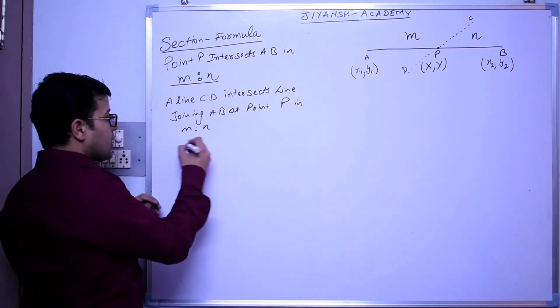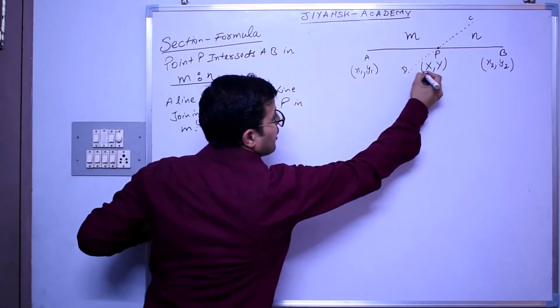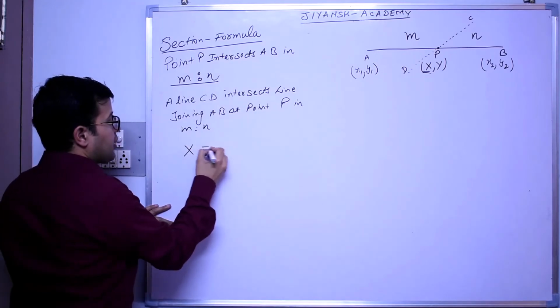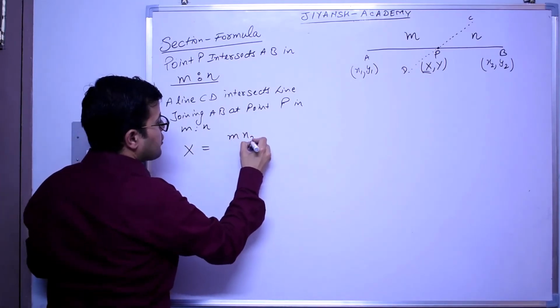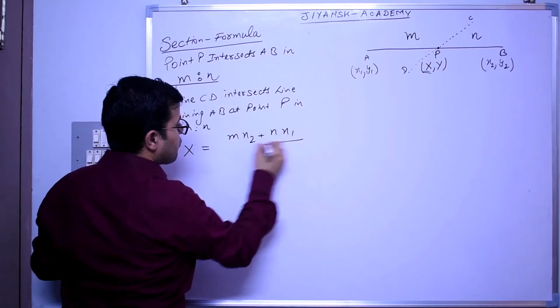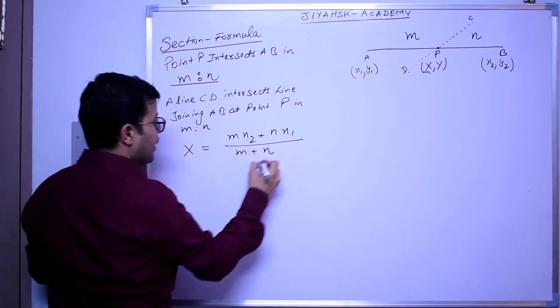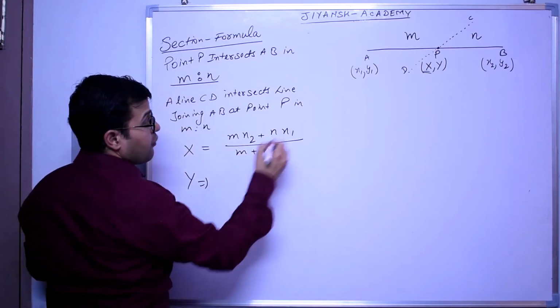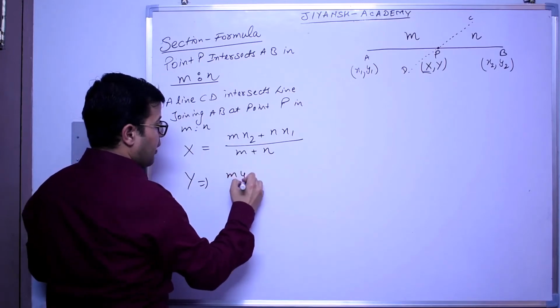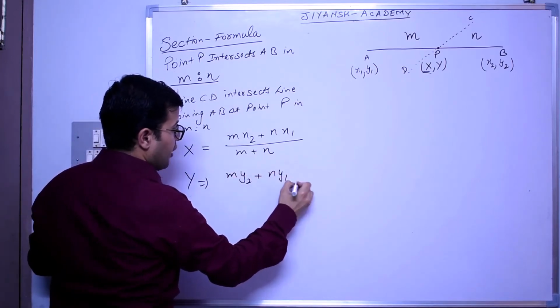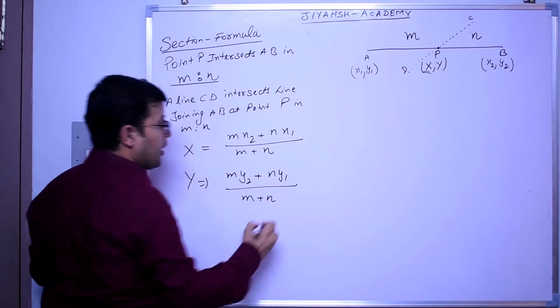So the section formula for the abscissa of this point, capital X, will be mx2 plus nx1 over m plus n, and for the ordinate it will be my2 plus ny1 over m plus n.